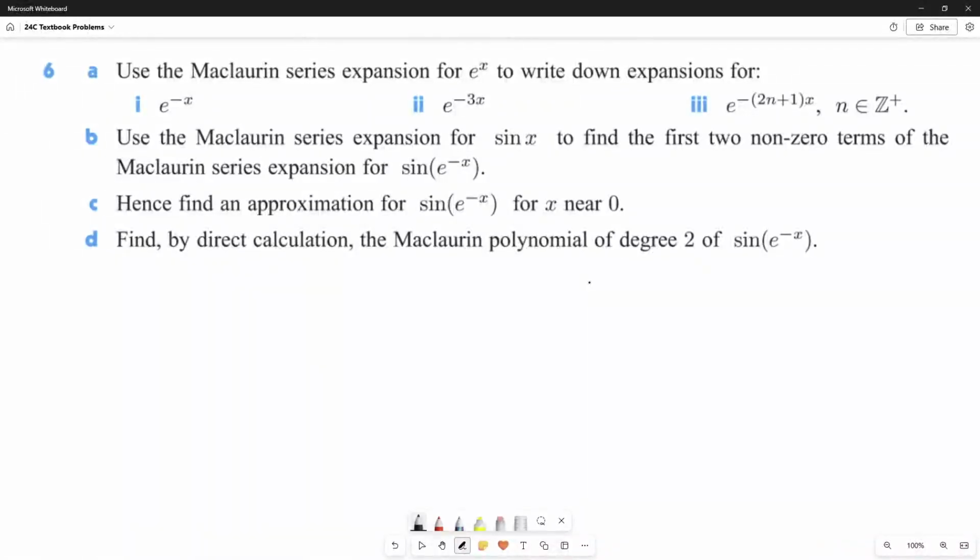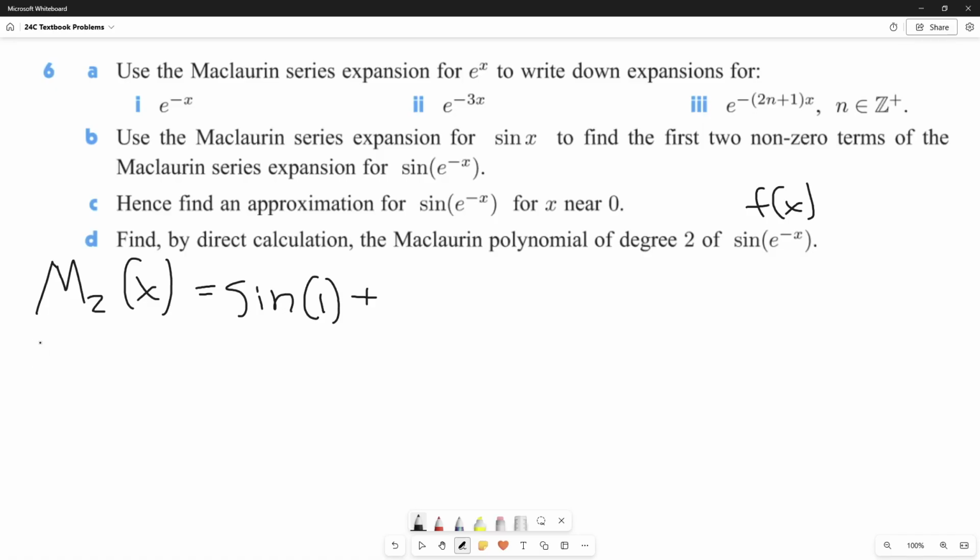Part D says, find by direct calculation the Maclaurin polynomial of degree 2 of sine of e to the negative x. And Maclaurin polynomial of degree 2 just means write out the Maclaurin series until x squared. And this is how we're going to write our notation. And then first we need to find out f of 0, assuming this is f of x. And sine of e to the negative 0 is just sine of 1. So that's the first term.